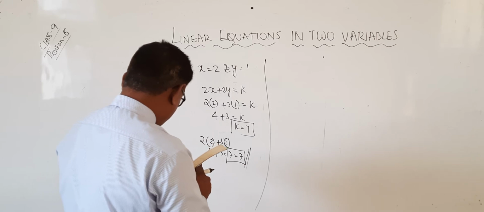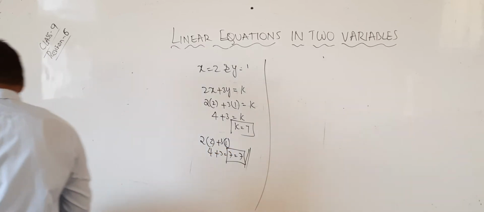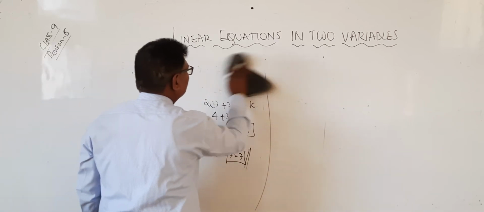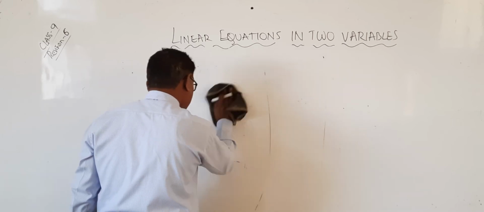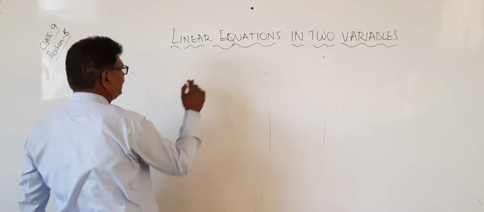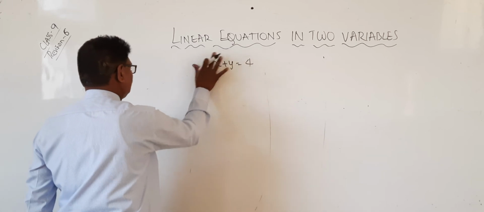Draw the graph for the following linear equation: x plus y equal to 4. Now we should draw the graphs. So how to draw the graphs, I will tell. Very simple. Now one equation he has given: x plus y equal to 4.